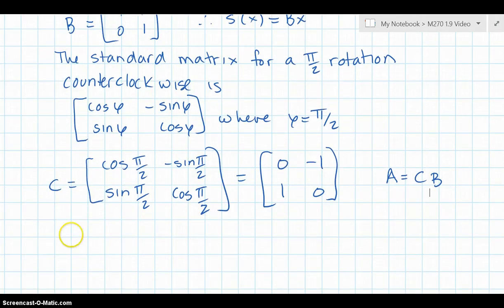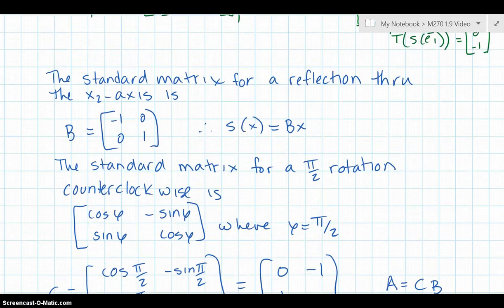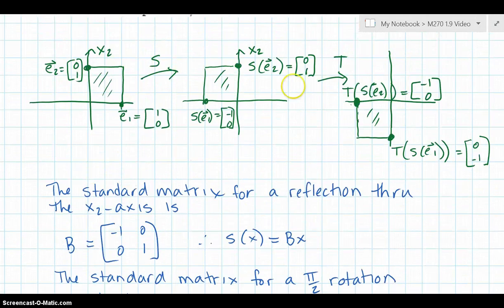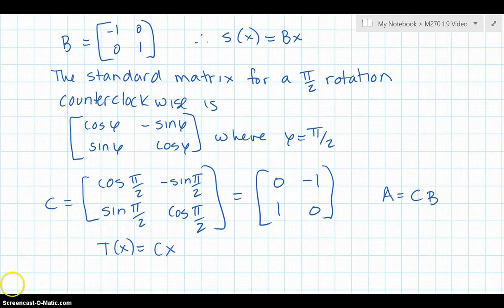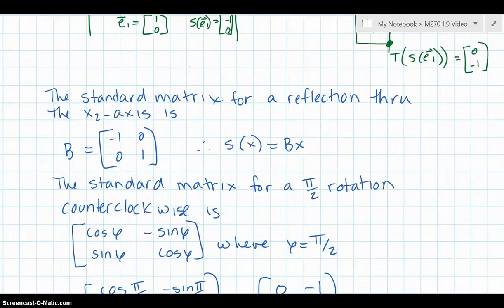Why? Because we're looking for T. Oh, by the way, T of x, we're doing this one, right, is we know Cx. And what we have here is a composition.